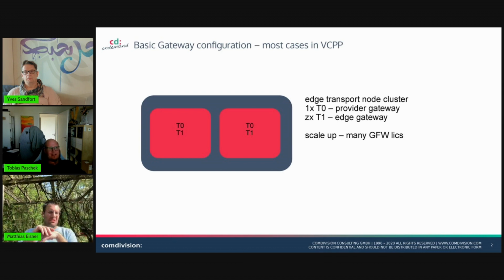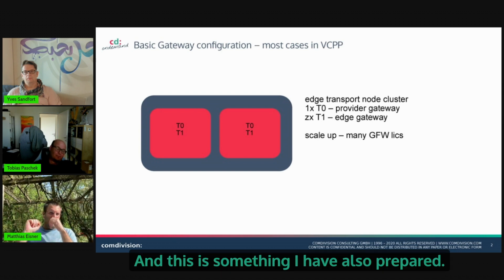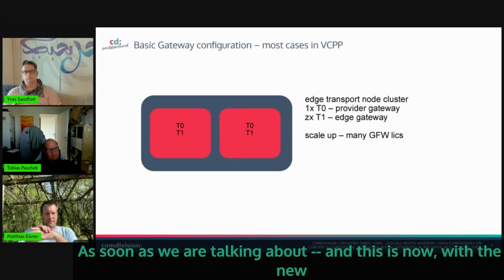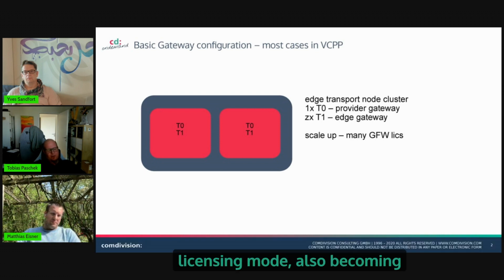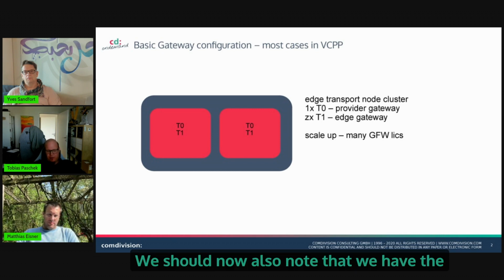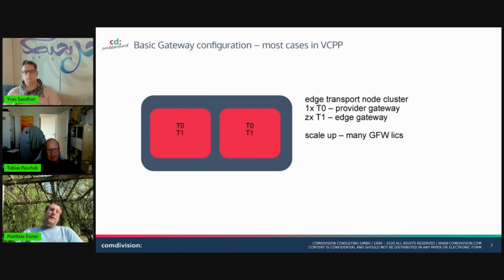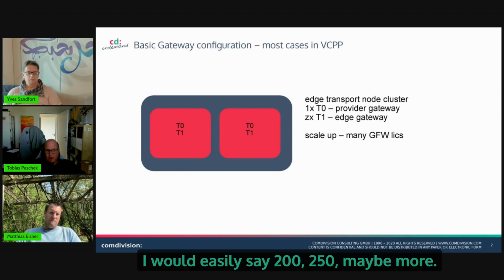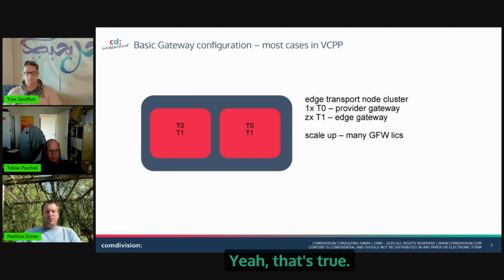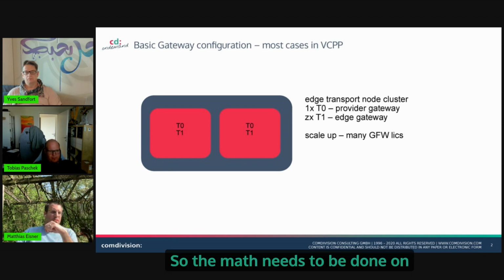At least 50, and this is something I have also prepared. As soon as we are talking, and this is now with the new licensing model, also becomes maybe an interesting part. We should now also take in charge that we have the possibility to bring in bare metal edges as well. And to be honest, on a bare metal edge, I would easily say 200, 250, maybe more. Yeah, that's true. So math needs to be done.